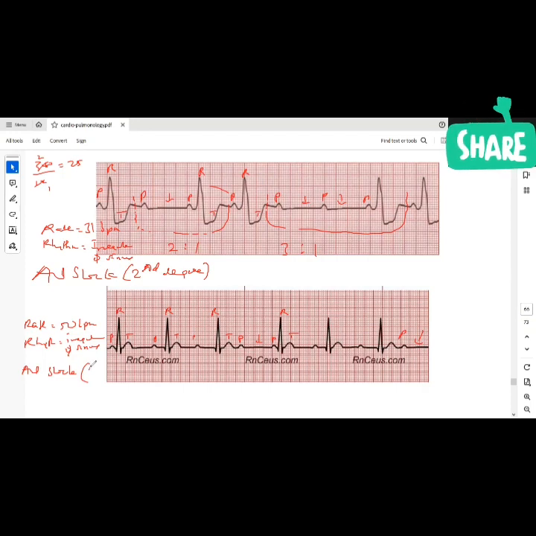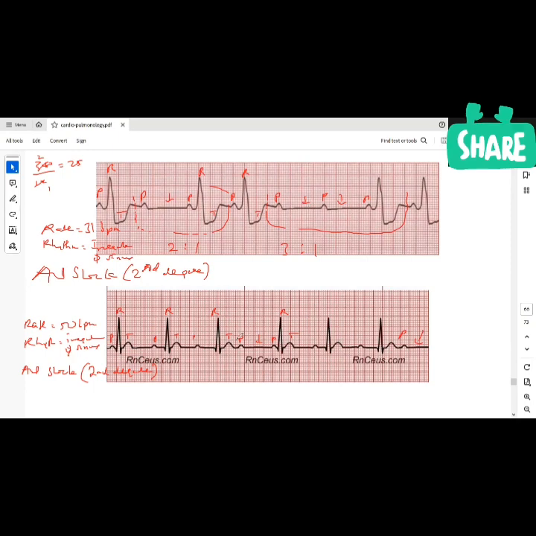Third degree. Is also second degree. Yeah. Okay. Right, because what does it have in common with the one above? Intermittent block. It's not every P wave that is blocked, correct? Just some. Does that make sense?